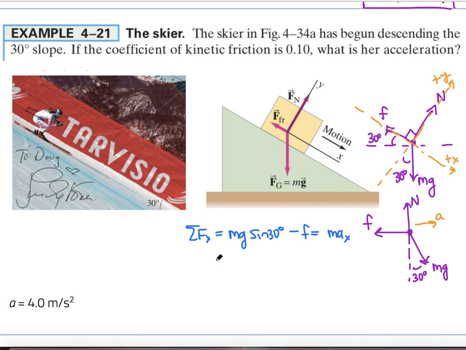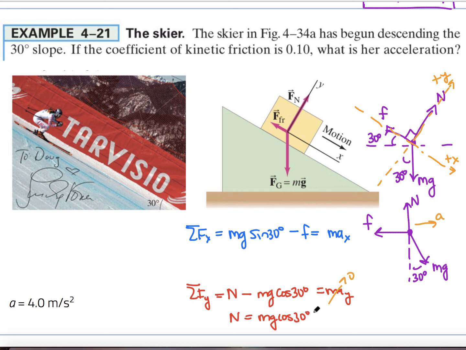Then in the y, I have normal force minus mg cosine 30 degrees is equal to ma in the y direction. Now, I'm not accelerating into or away from the incline, so this acceleration is 0, which is nice and helpful because my normal force then is just mg cosine 30.